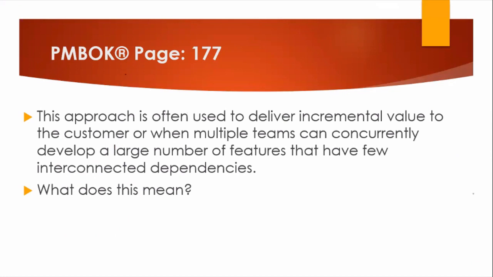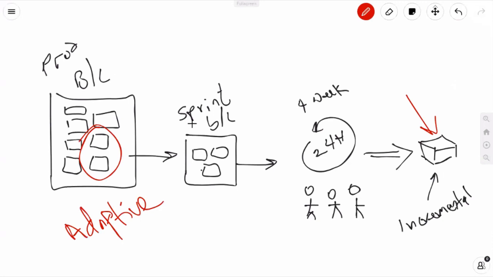So this approach that I just showed you is used to deliver incremental value, as you saw, breaking it down into iterations to the customer, or when multiple teams can concurrently develop a large number of features that have few interconnected dependencies. So when you look at how Agile works, it is very possible to have people working on all of these, but separately.